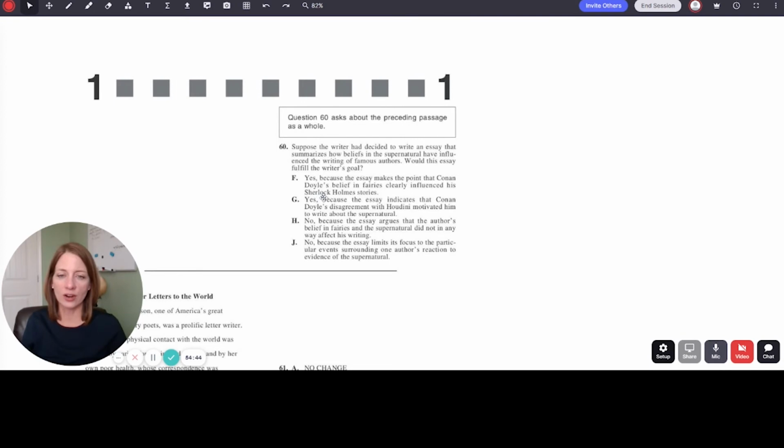Suppose the writer had decided to write an essay that summarizes how beliefs in the supernatural have influenced the writing of famous authors. Would this essay fulfill the writer's goal? Well, we're only talking about one author.